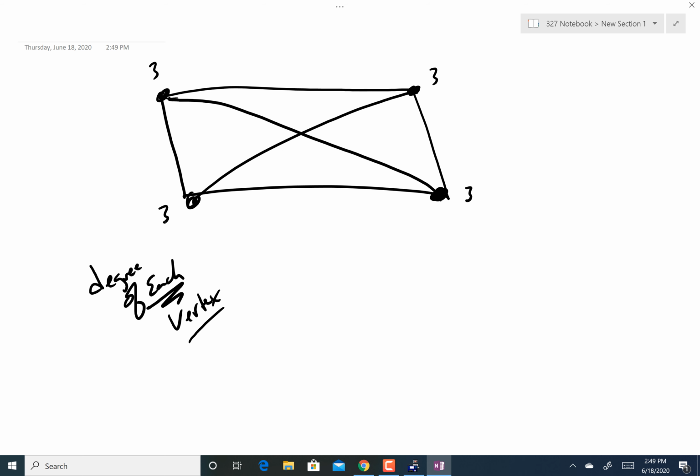Cool. So then the total degree would be equal to 12. Hey, what is 12? 12 is 2 times the number of edges. That makes sense? Well, I would hope so, because each edge has 2 endpoints. So, yeah, there were 6 edges. 6 times 2 is 12. That will always be true.